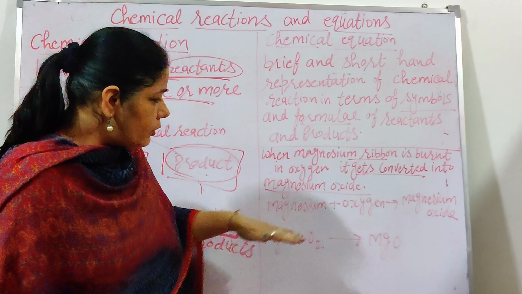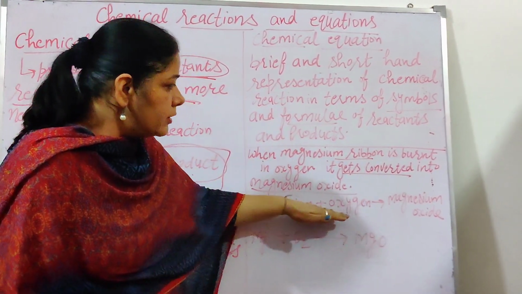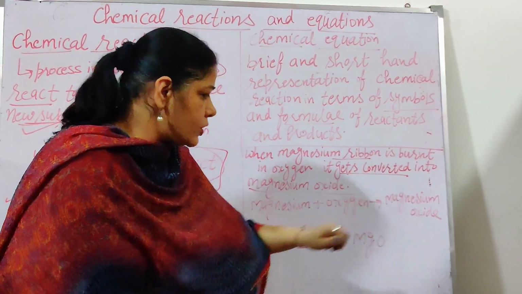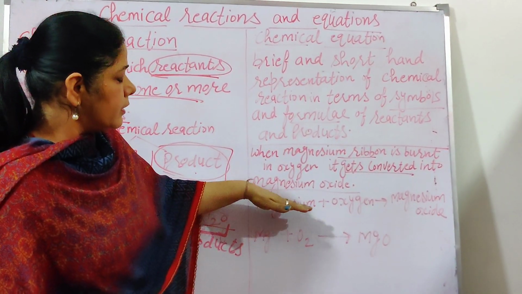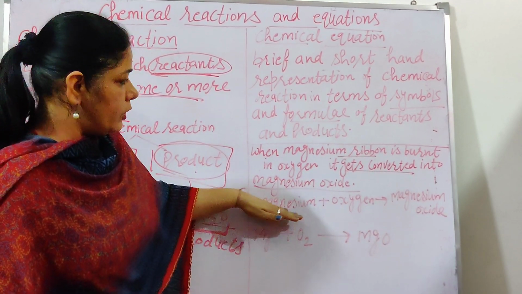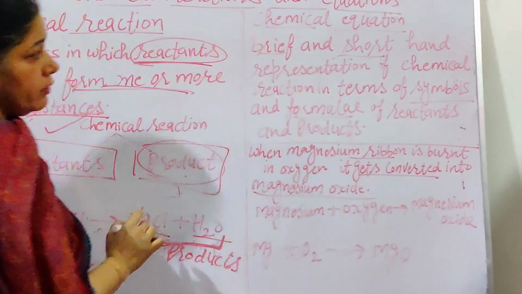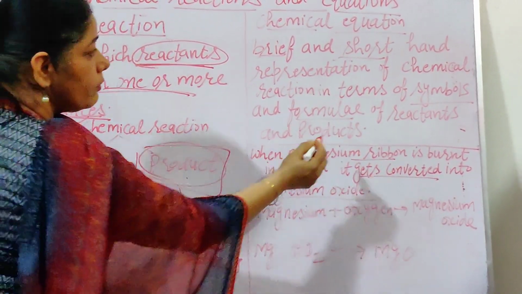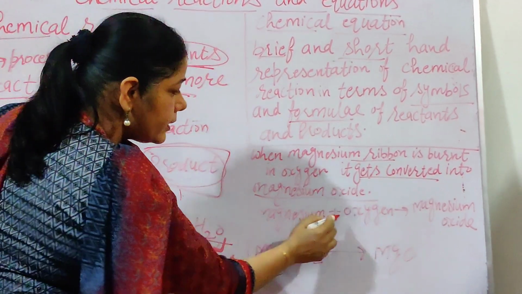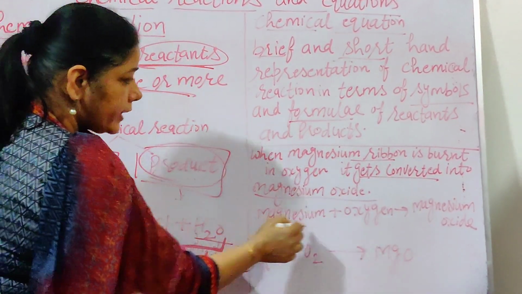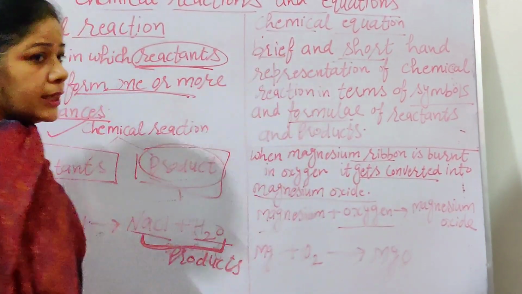One, in the word equation: magnesium plus oxygen react and form magnesium oxide. But if I represent this chemical reaction and this word equation in brief and in shorthand form, in the form of symbols and formulas, if I write the symbols and formulas of reactants and products, then it is called a chemical equation.